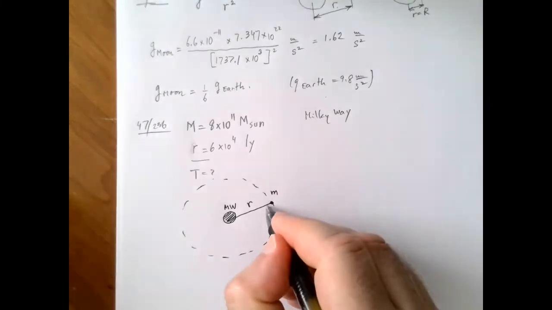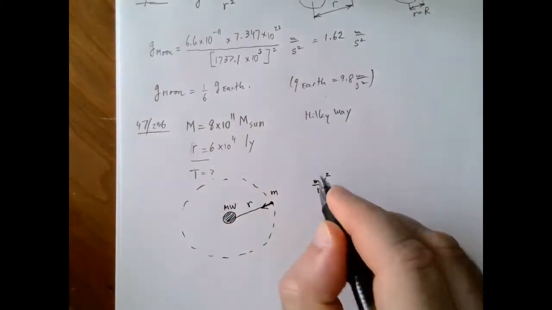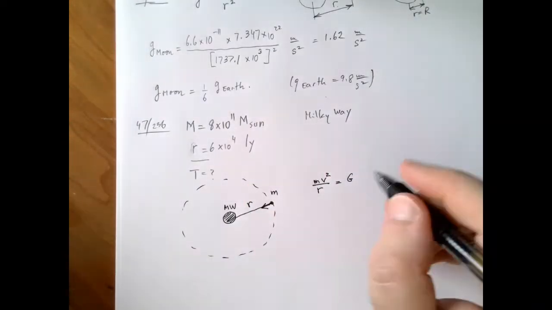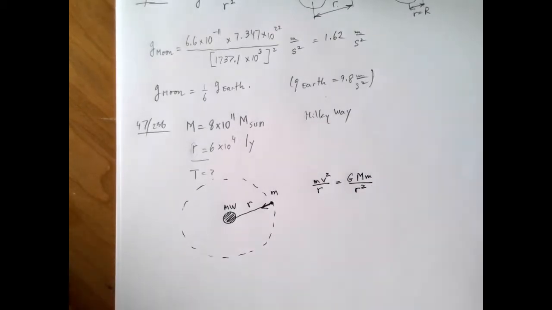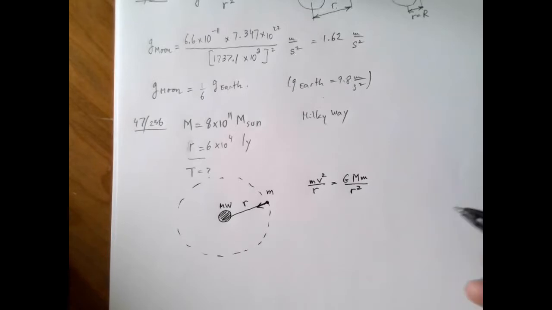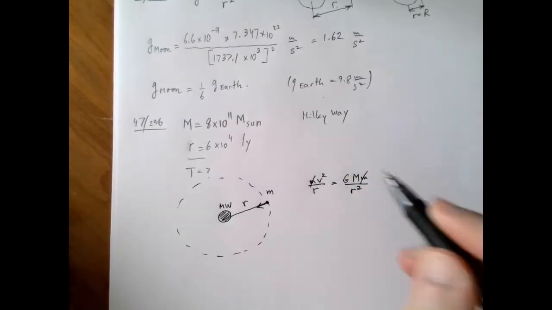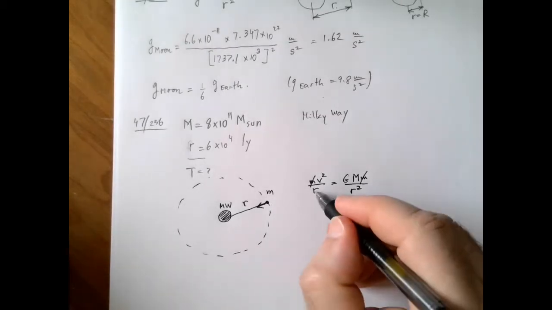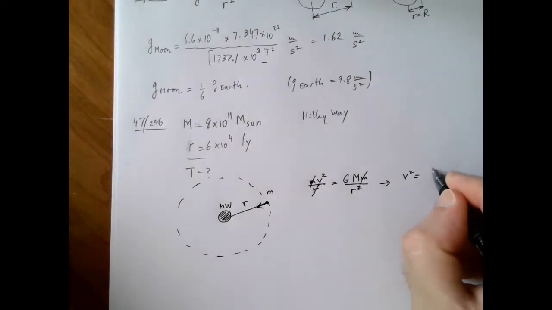Well, we know that the centripetal force is equal to the gravitational attraction between the two. So the centripetal force mv squared over r is equal to GMm over r squared. Little m goes away. Notice that in the problem the mass of the star is not given. One r also goes away, so we are left with v squared equal to GM over r.